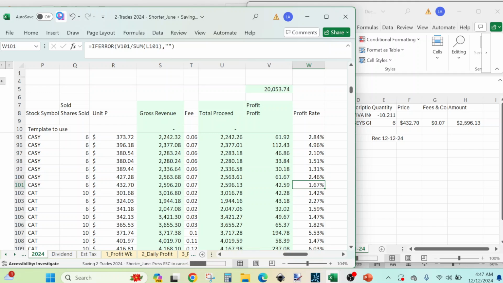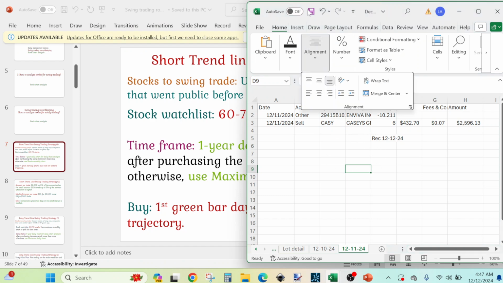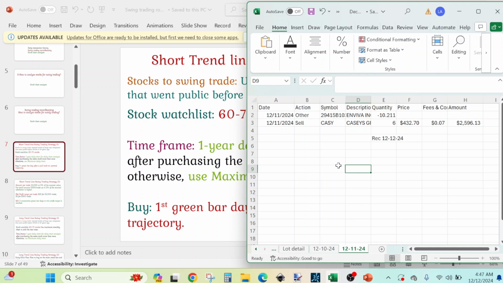There was one that we could have purchased. It has the first green bar, but I didn't feel comfortable. Just going to close this one. I don't think we'll come back to it. We might, but I'm not sure. I didn't feel comfortable purchasing it, and for that reason I didn't purchase it.